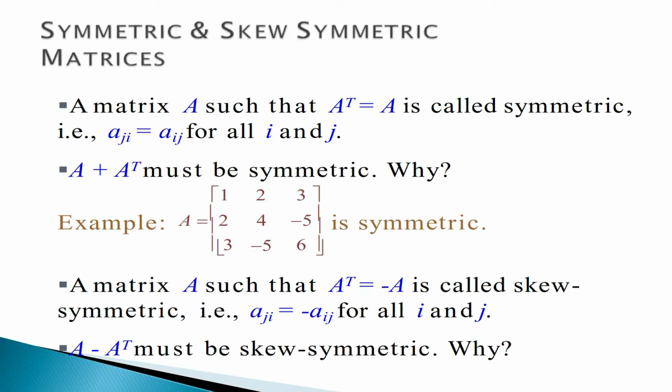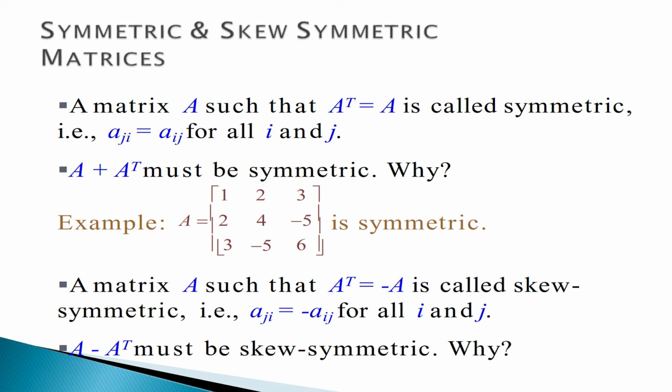Next is what is a symmetric and skew symmetric matrix. Matrix A is said to be symmetric if the transpose of A is equal to A. Here, A plus A transpose must always be symmetric. Here is an example. A is the matrix 1, 2, 3, 2, 4, minus 5, 3, minus 5, 6, which is a symmetric matrix.